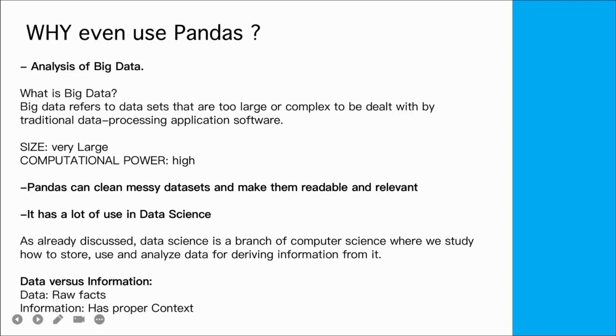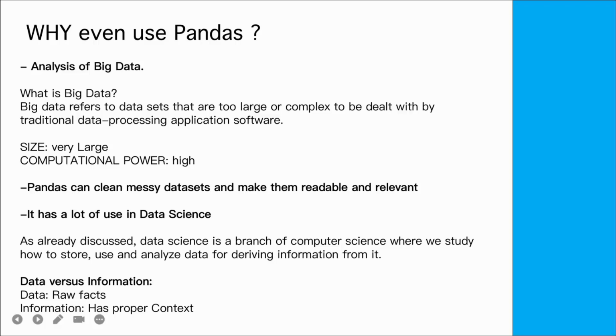The second is pandas can clean messy data sets and make them readable and relevant. As already discussed, it can help in cleansing or cleaning of data. The third one is it has a lot of use in data science. As already discussed, data science is a branch of computer science where we study how to store, use and analyze data for deriving information from it.